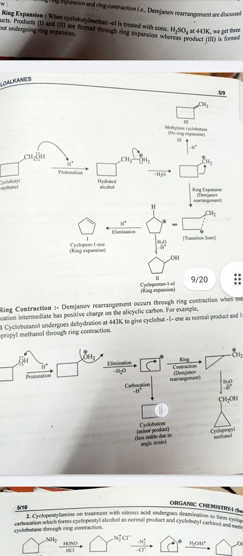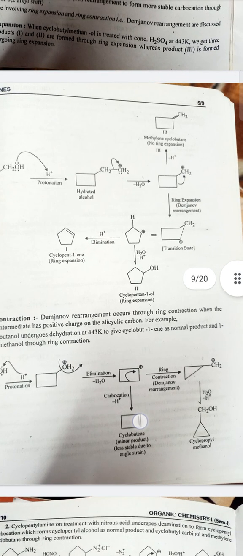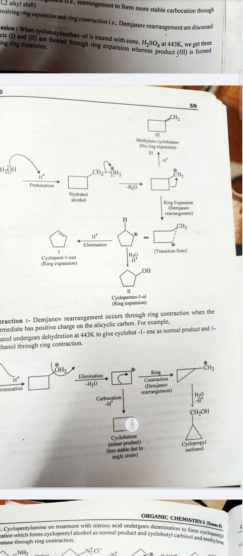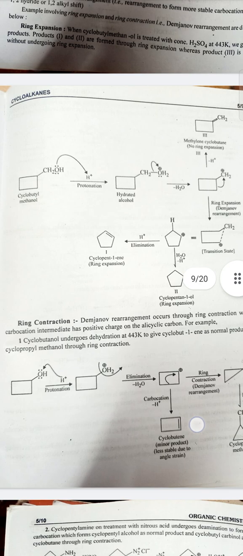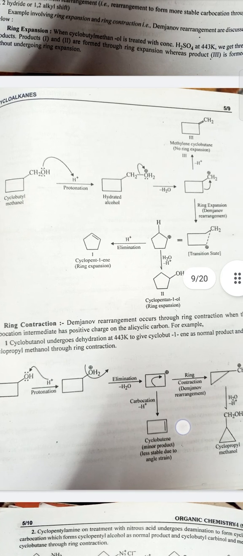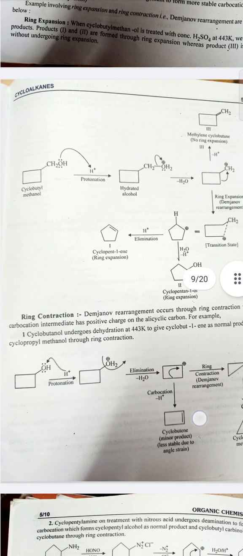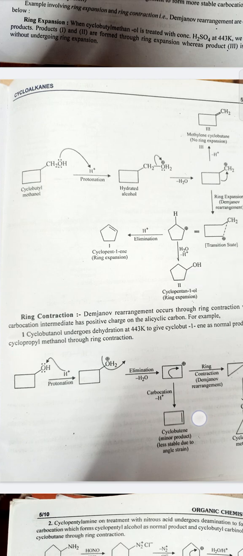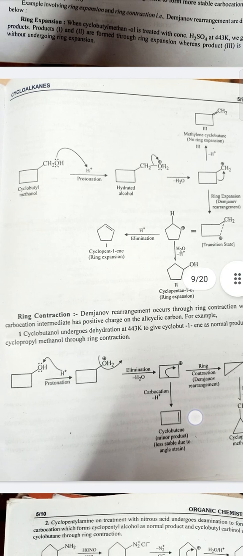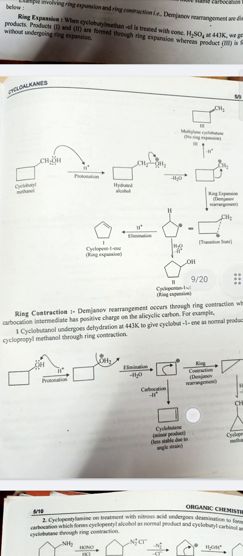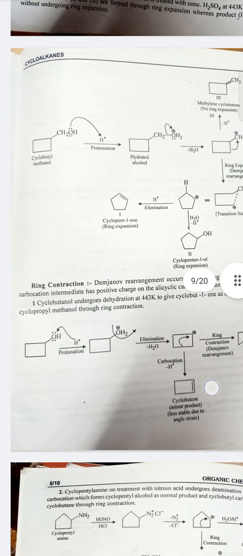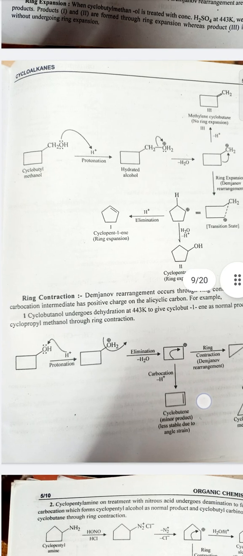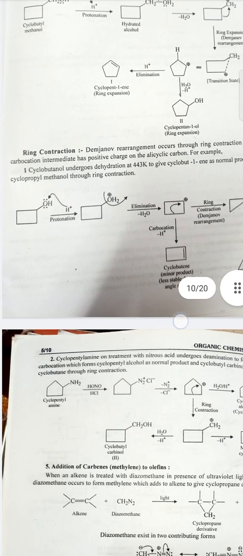Ring contraction. Demjanov rearrangement occurs through ring contraction when the carbocation intermediate has positive charge on the alicyclic carbon. For example, number 1. Cyclobutanol undergoes dehydration at 443 Kelvin to give cyclobutene as normal product and 1-cyclopropyl methanol through ring contraction.